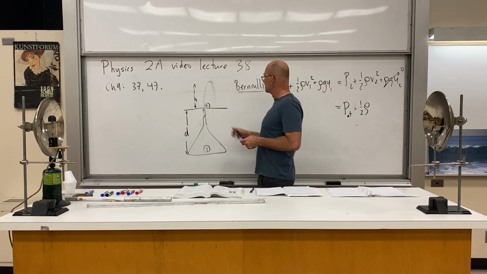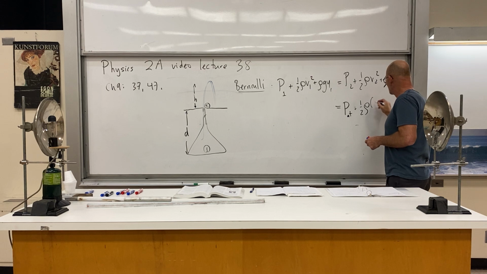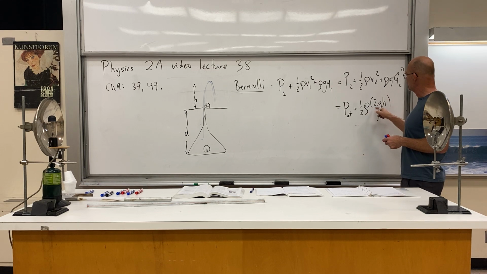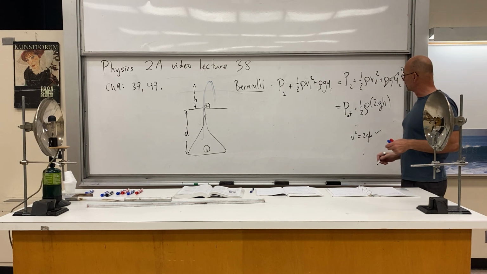So we would just have the standard 2gh, okay, half rho 2gh, because v squared is 2gh, that type of expression. Okay. So we have the right side here.